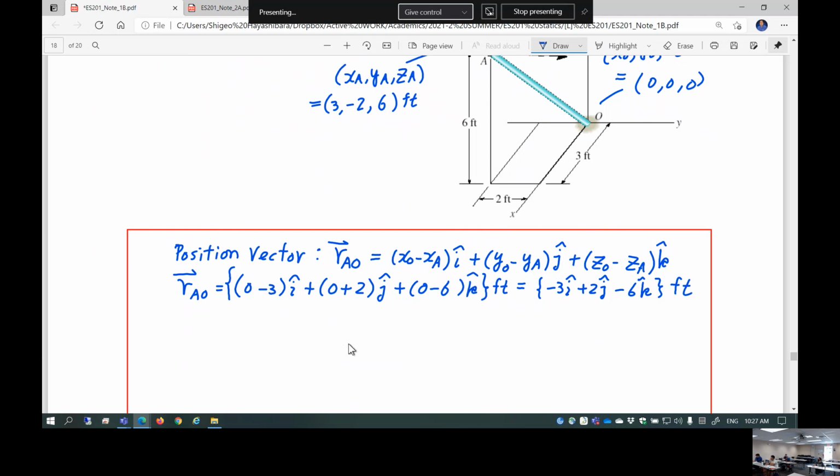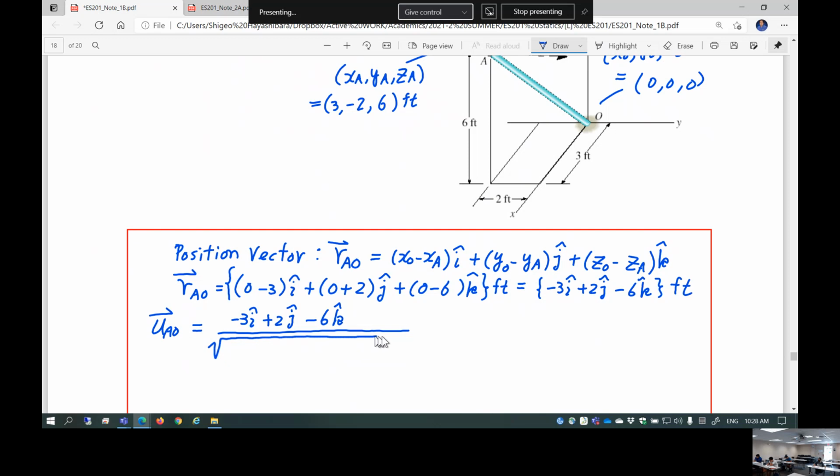Okay, so next step, let's find the unit vector UAO. No, not OA. I'm writing OA by saying AO. Something's wrong here. Unit vector AO is, of course, the vector itself, minus 3I plus 2J minus 6K, divided by its magnitude.